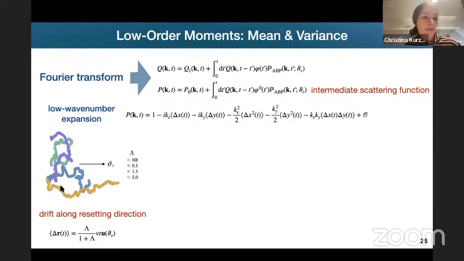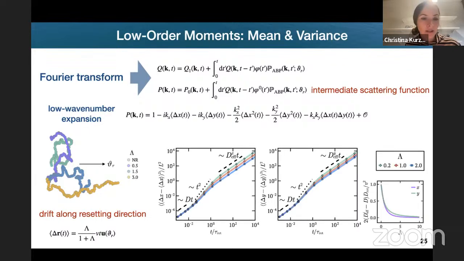Now what you already observed from the trajectories, we can look at the variance. What you see in the trajectories is that they seem to be straighter and have less fluctuations as you increase lambda. This is what you can quantify in terms of the mean square displacement. Here the mean square displacement increases linearly at short times due to translational diffusion.